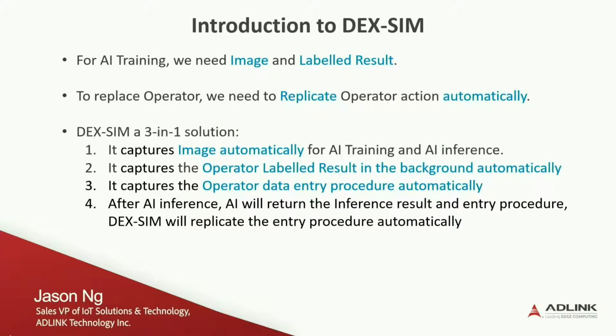It captures the operator-labeled result in the background automatically. It also captures the operator data entry procedure automatically. After AI inference, AI will return the inference result and entry procedure. DEXSIM will then replicate this entry procedure back to the system automatically.